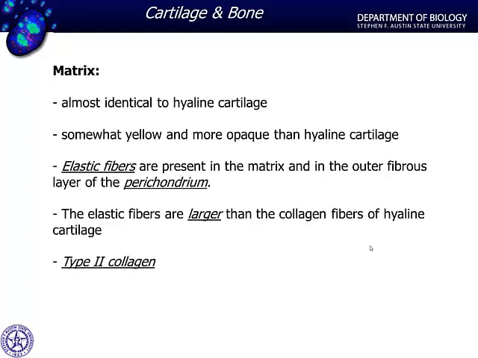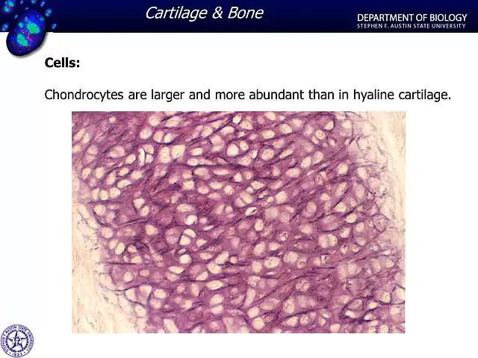Now, we call it elastic cartilage because it is much more rich in elastic fibers than what we saw with hyaline cartilage. We're still going to have type 2 collagen. We're still going to have our isogenous groups. But for me, when I look at elastic cartilage, especially if it is stained for those elastic fibers, I see many more cells in elastic cartilage than I did in hyaline cartilage.